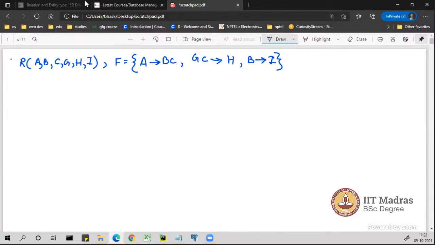Basically the question states a relation R is given to you, and it is A, B, C, G, H, I. And the functional dependency set corresponding to it is given, right? First of all, please honestly reply, who all have doubts in the candidate key definition with respect to closure set? In the first view it is a little bit difficult to understand. You can raise your hands now.